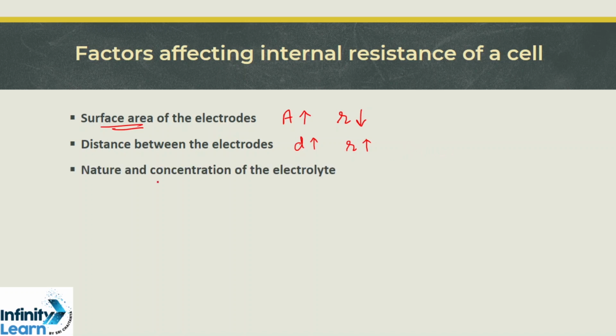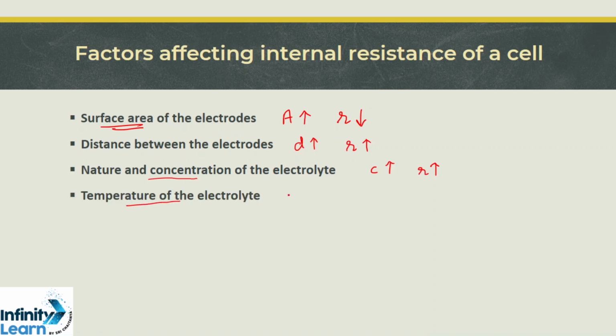In the third case, what we have is the nature and concentration of the electrolyte. If the concentration of the electrolyte is higher, the ions face higher opposition while traveling, and therefore the internal resistance also increases. And the last factor is the temperature of the electrolyte.